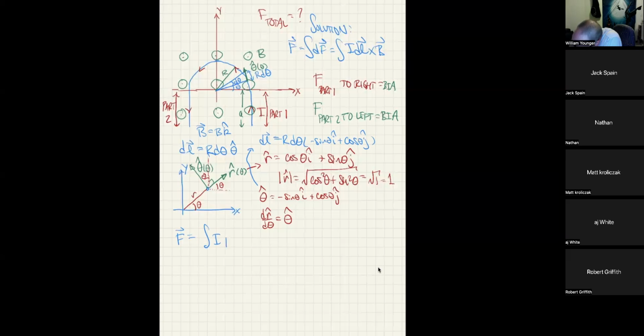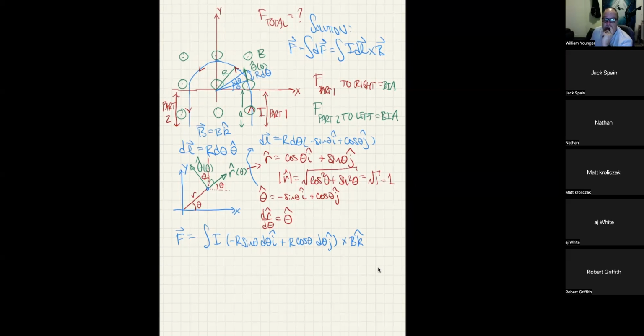Let's say negative r sine theta d theta i hat plus r cosine theta d theta j hat. That's what my dl vector is. And that's going to cross with b times k hat.